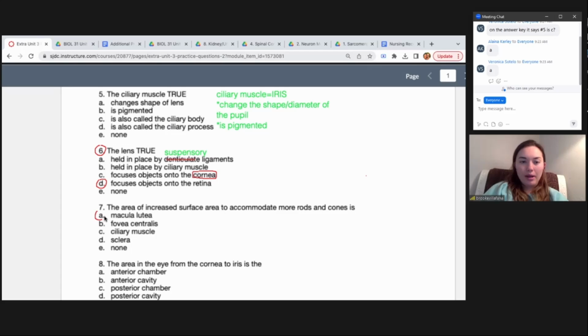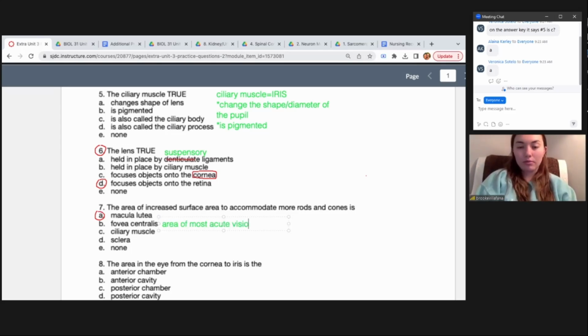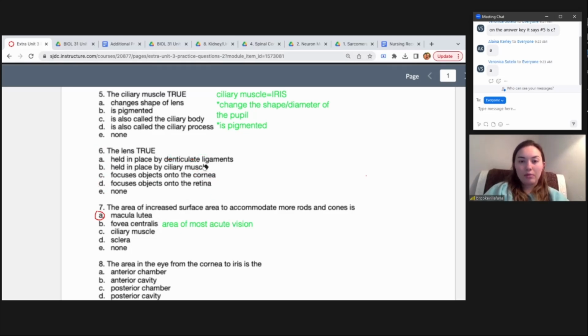Good. A, right? So that's the definition of macula lutea. Fovea centralis is the area of most acute vision. Okay, so the area that accommodates more rods and cones, macula lutea. The area of most acute vision, fovea centralis.